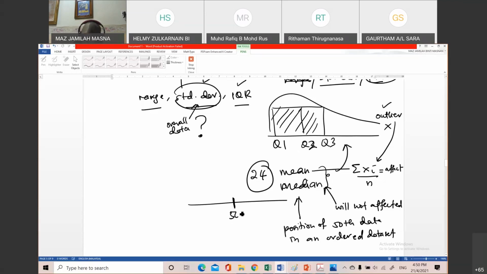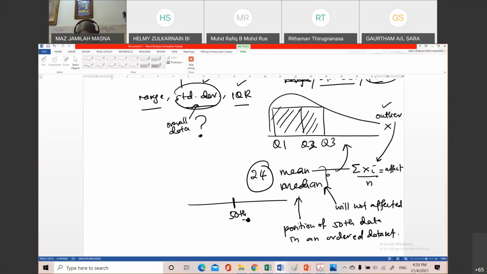If you're talking about odd, the median would be exactly on a number. If you're talking about even, it would be in between two values, and you have to find the arithmetic mean of the two values to get your median. So that's the difference between mean and median.